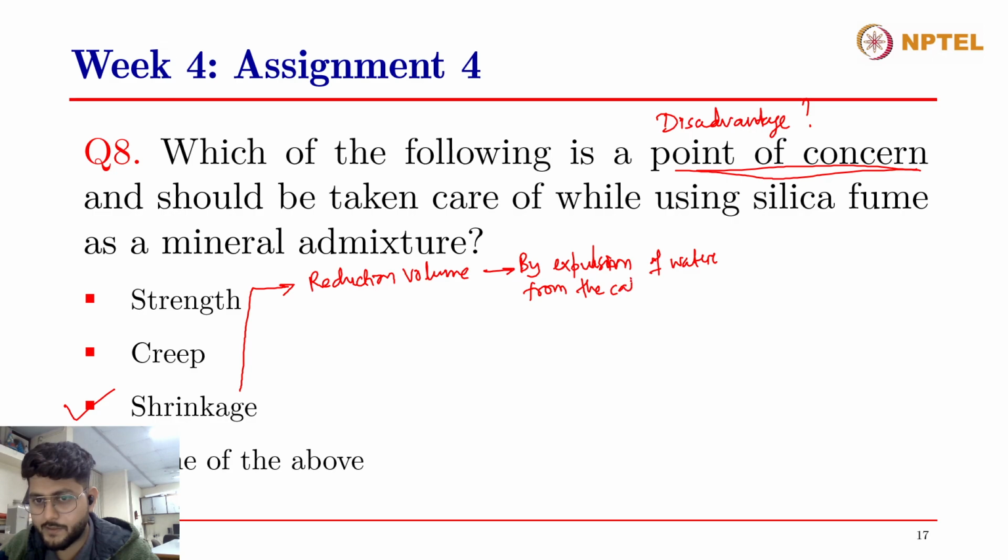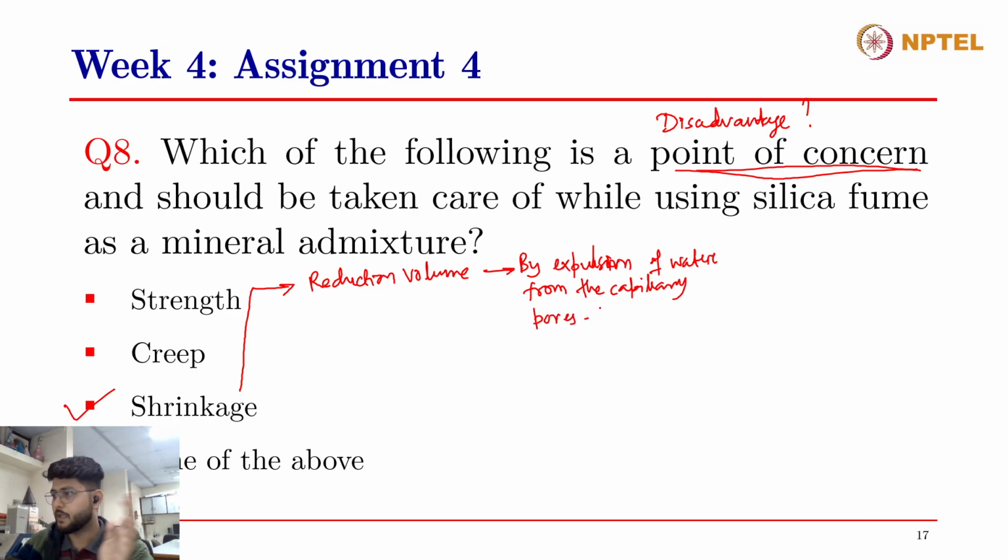We have already discussed this in the different types of shrinkage in one of the previous sessions, be it plastic shrinkage or drying shrinkage or autogenous shrinkage or chemical shrinkage. Whatever it is, it is characterized by reduction in volume, and this reduction in volume is caused due to the expulsion of water from the capillary pores of the cement or concrete, right?